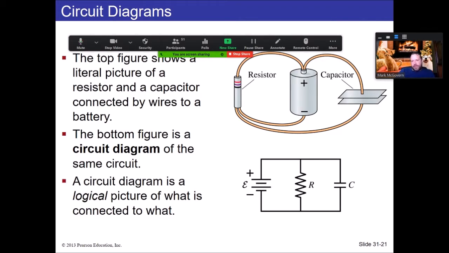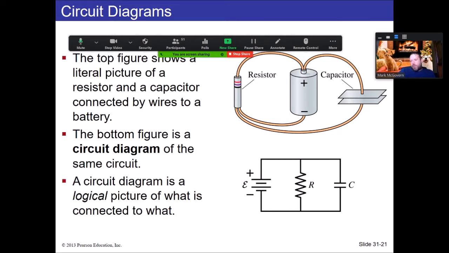the circuits. Now, the picture you see at the upper right is maybe a physical setup of a circuit. You have a battery, you got a couple wires coming out, going to your resistor, you got something going out to your capacitor. That may be the physical setup of the circuit, but when we draw our circuit diagrams, we create a more simplified picture.